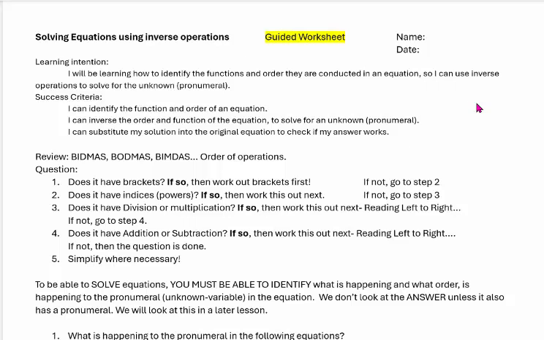So for us to be able to make sure that you're on the right track, we're going to review the order of operations.